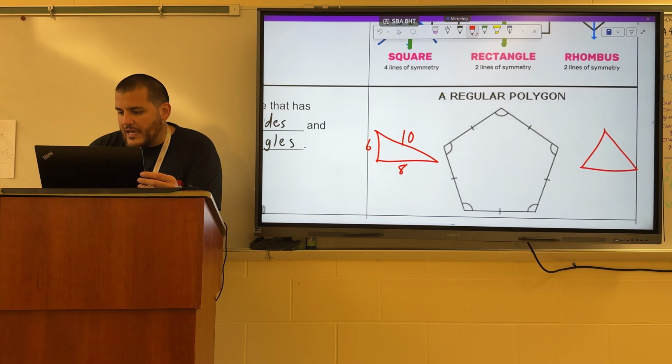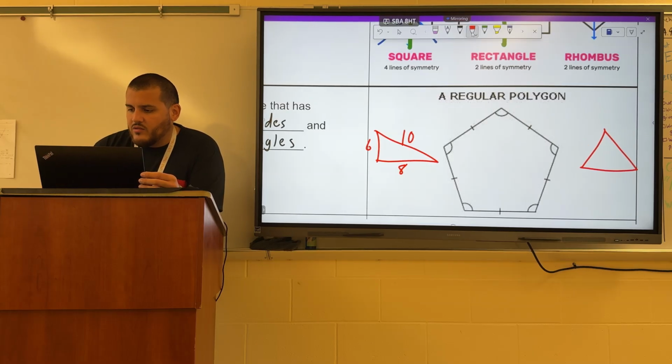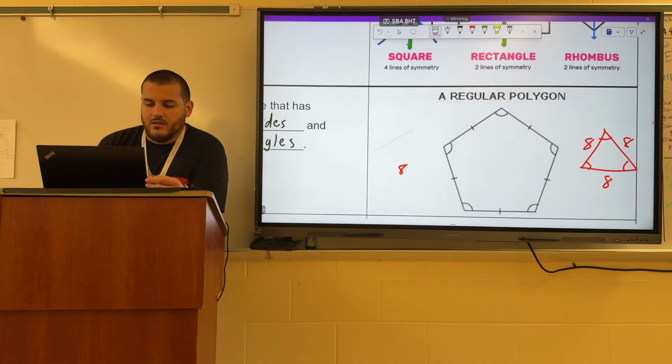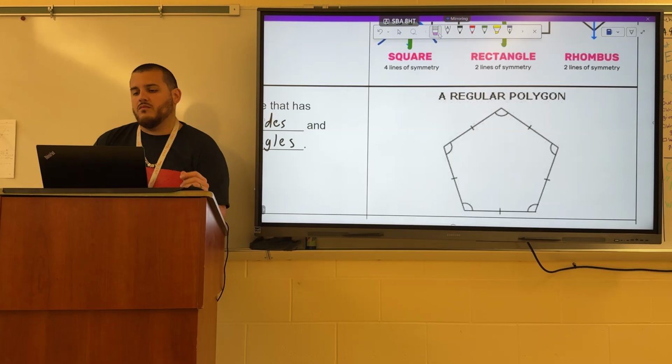If this triangle has all side lengths congruent, let's say 8, 8, and 8, and all the angles are congruent to each other, that would make it a regular triangle. All the sides have to be the same length, and all the angles have to be the same measure, in regular polygons.